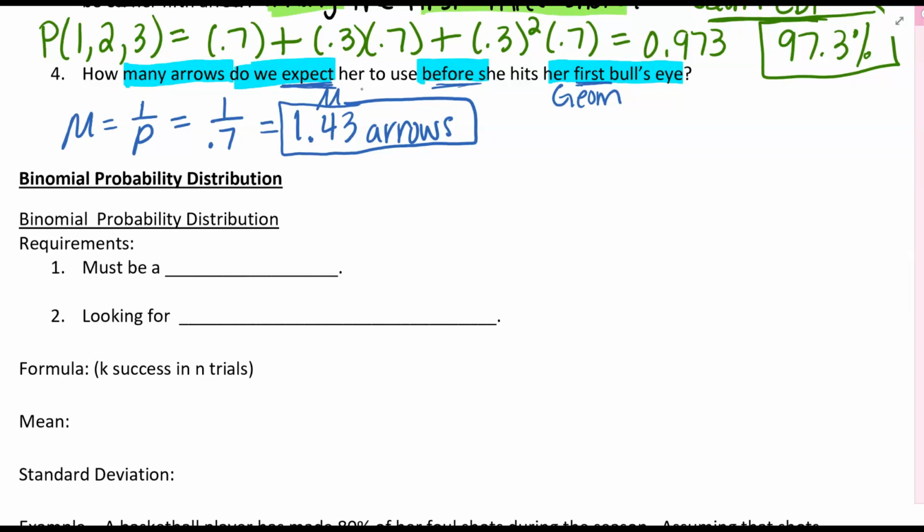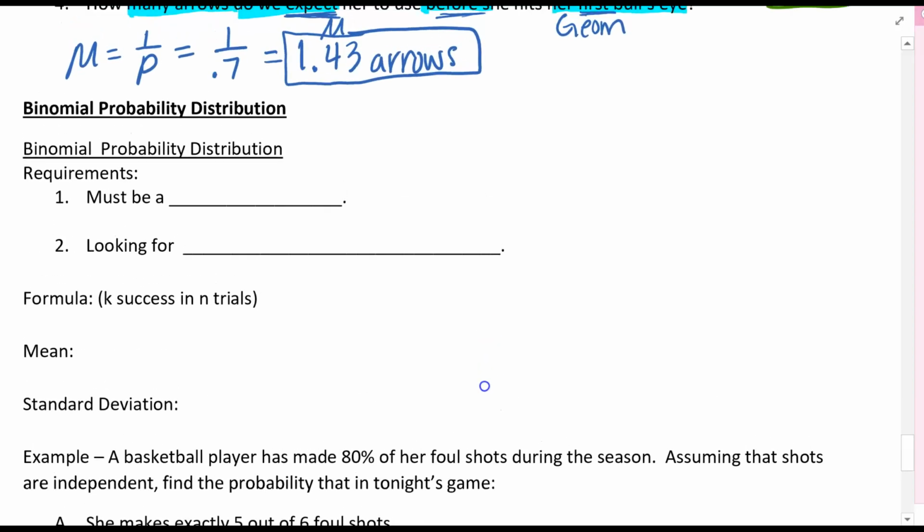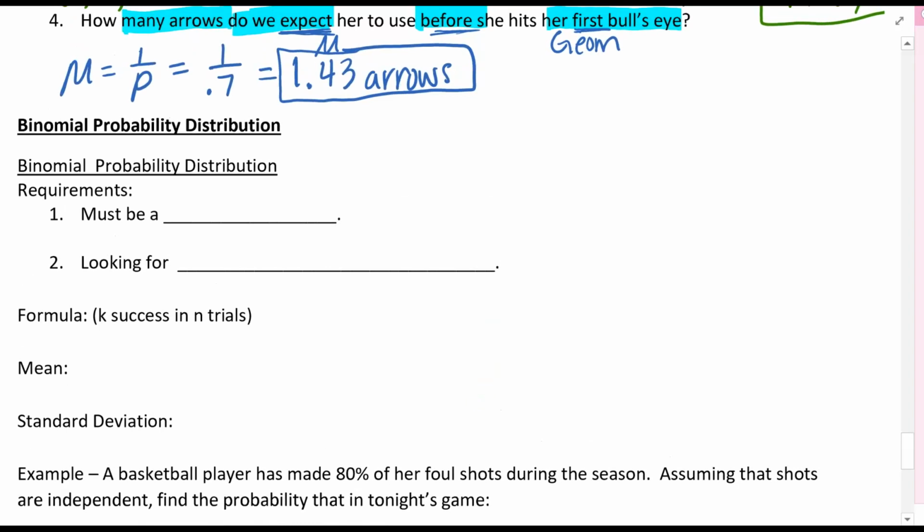All right, the binomial probability, this is where a lot of people tend to get confused. Binomial is just a little bit more complicated. So for binomial probability, we still have the same requirements. It still has to be a Bernoulli trial. So remember, a Bernoulli trial just means you need to have 2 outcomes, 1 success, 1 failure, and they need to be independent events.